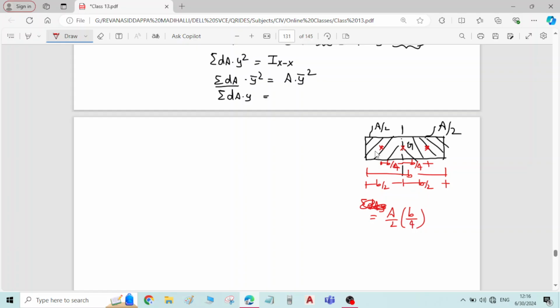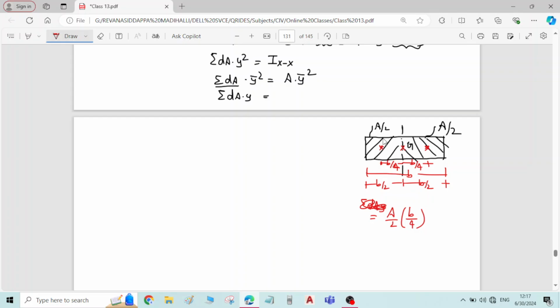So assume that this rectangular area has some mass. The thickness is assumed to be constant throughout the plane area, so the moment is area into perpendicular distance.